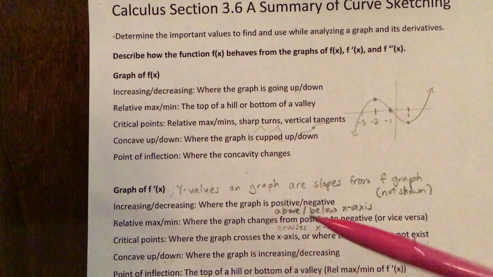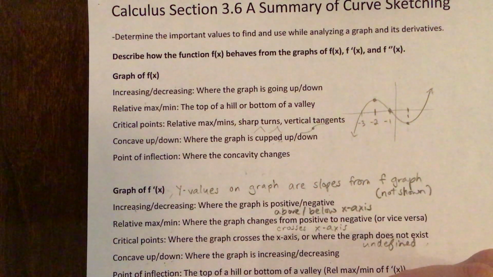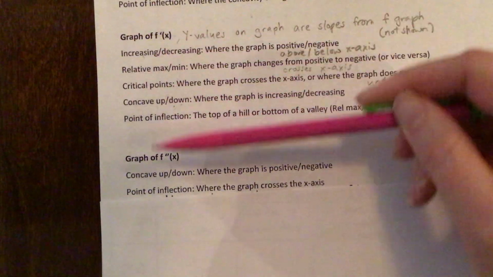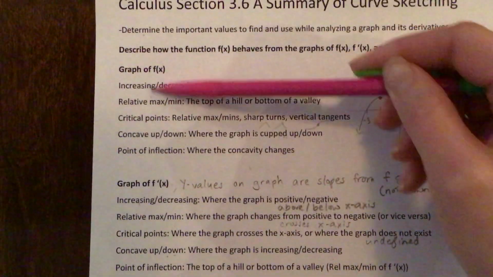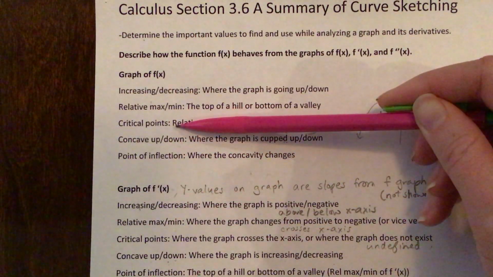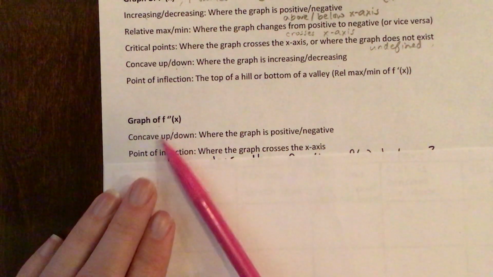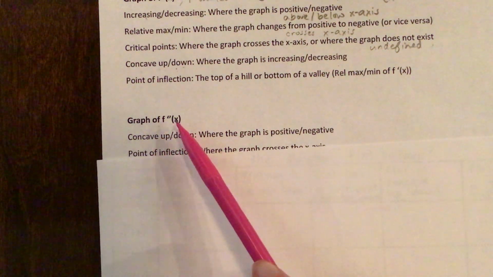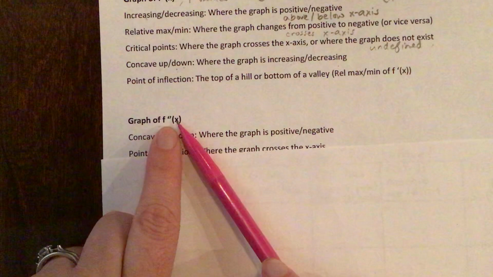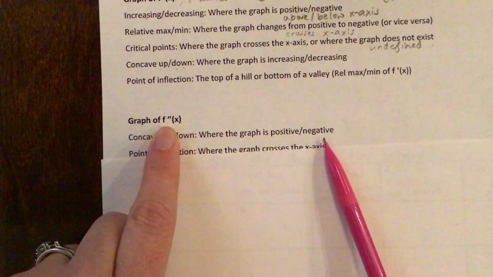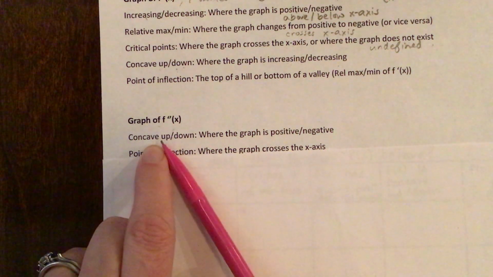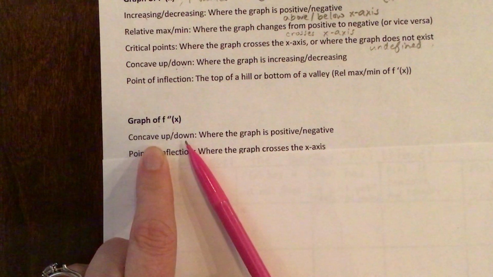Okay, so these two, f prime and f double prime, have the same relationship that these two do. The graph of f double prime of x. If you know that f double prime is positive or negative, you know that f of x is concave up or concave down.